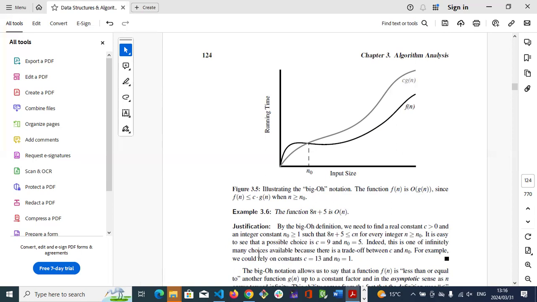It is easy to see that a possible choice is c equal to 9 and n sub 0 equal to 5. This is one of infinitely many choices available, because there is a trade-off between c and the input n sub 0. For example, we can rely on a constant c equal to 13, and then n sub 0 is equal to 1.